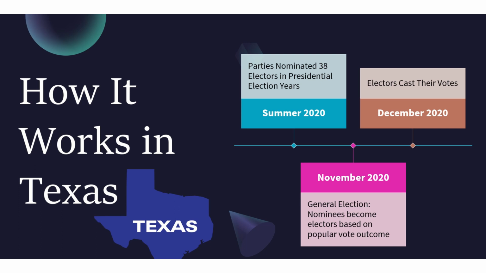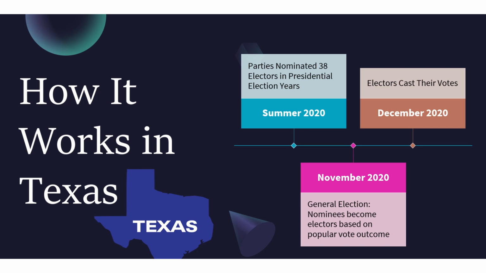So what happens in Texas and all the other states is, when the general election for president takes place in November, where you have Democrats, Republicans, Libertarians, and Greens running against each other, we have to keep a tally of the actual popular vote in Texas.